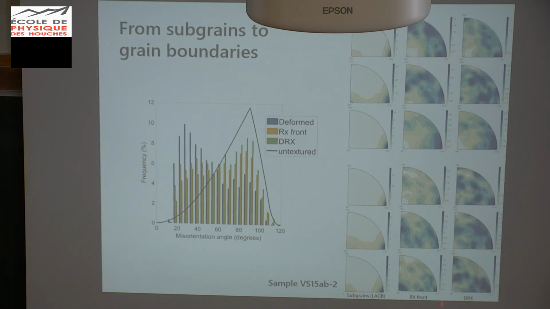But then when you estimate the misorientation axis on the recrystallization front, you still see a submaximum in B, but then there are shifts to A or to 101, so there are some kind of jumps, and this situation is even worse for the dynamic recrystallization grains, where there are several submaxima all over the area. So something is happening in here.